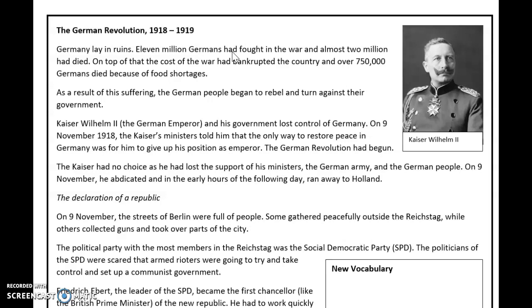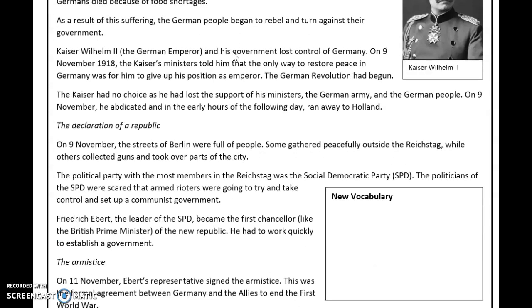What I would like you to please do is pick out 3 new words for the new vocabulary box and write them in your book. The 3 words that I, for example, have picked out are armistice, which is down here, abdicate, which is here, and finally Reichstag, which is there.